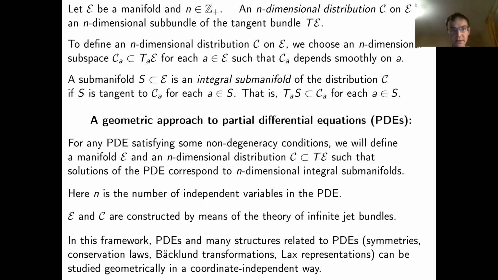And this approach goes back to the classical works of Sophus Lie and Élie Cartan, and the distribution C is called the Cartan distribution.